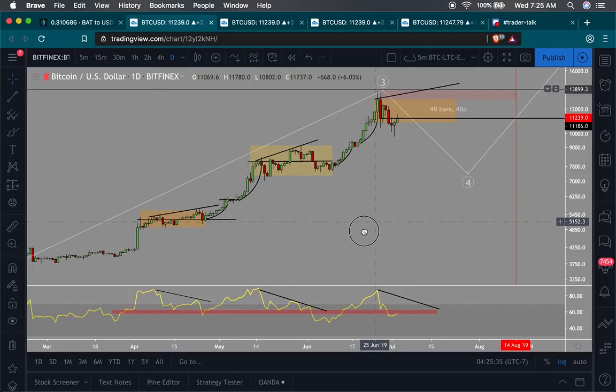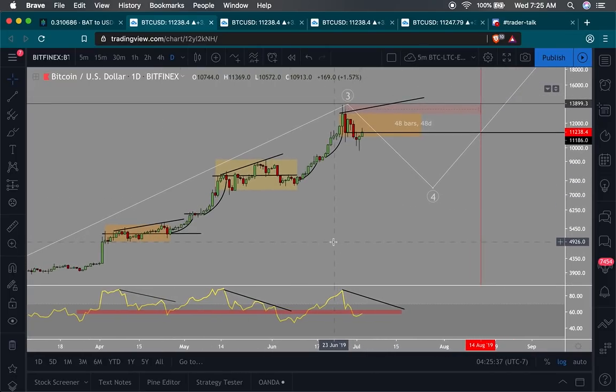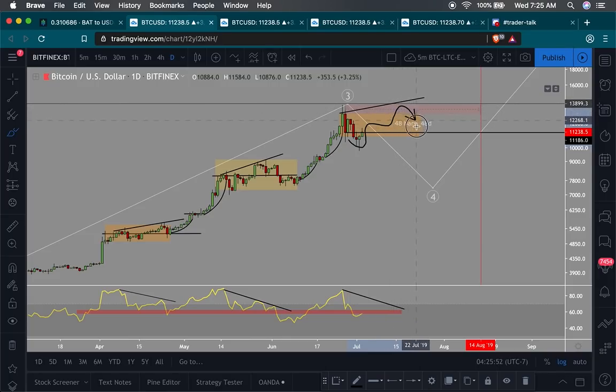I'm not saying that this is a definitive fractal, but we've already done it twice. And BTC tends to trap the average retailer by going up, sideways, breaking through the previous range, and then getting rejected again, pulling back down with a higher low right there. Like this one is a higher low right there.